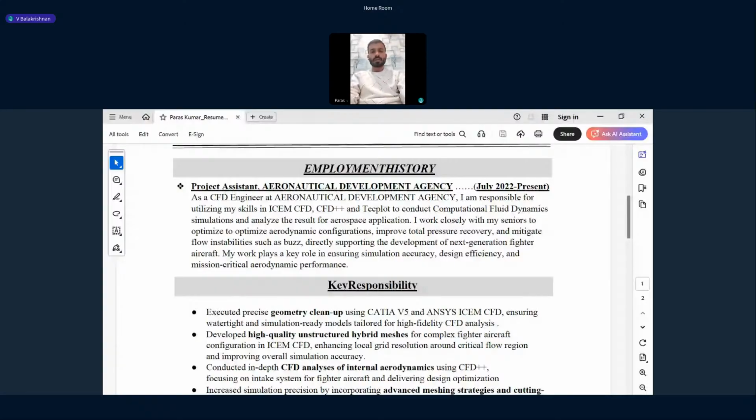The CFD analysis is like we're giving the solver boundary conditions at the particular meshes. So at particular boundary conditions, we get the result.